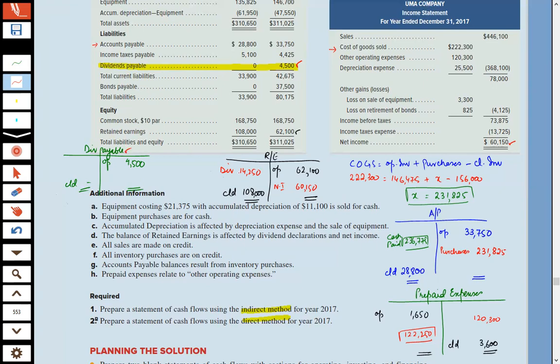Since retained earnings is debited, payable is credited, that is dividend payable 14,250. And in total, 14,250 plus 4,500 makes 18,750, dividend payable debit and cash credit.